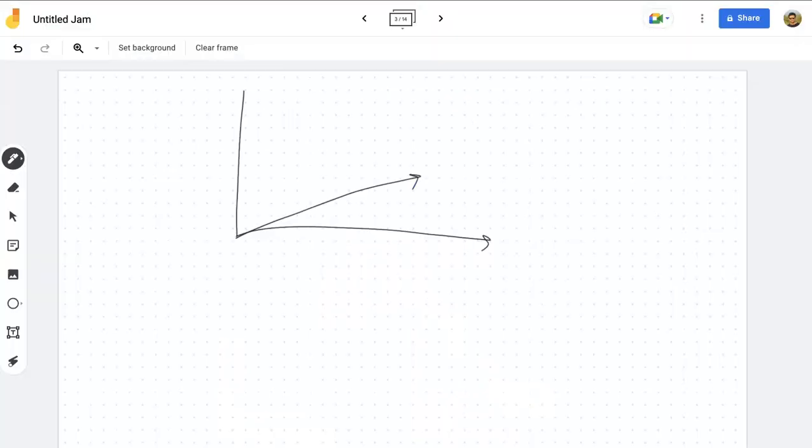One is Q and one is P. So this is the Q vector and this is the P vector.